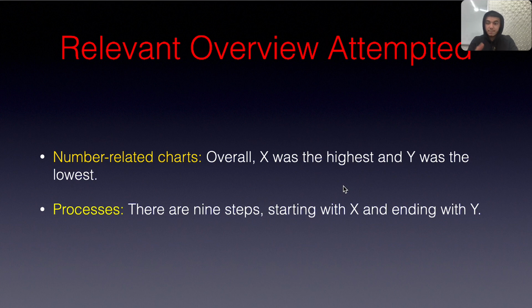And for processes, if you say there are 9 steps starting with X and ending with Y, and it's just one sentence, then it's not really an overview. You're attempting to write an overview, but that's not really how an overview is written. So we'll look at how an overview should be written in the next slide.